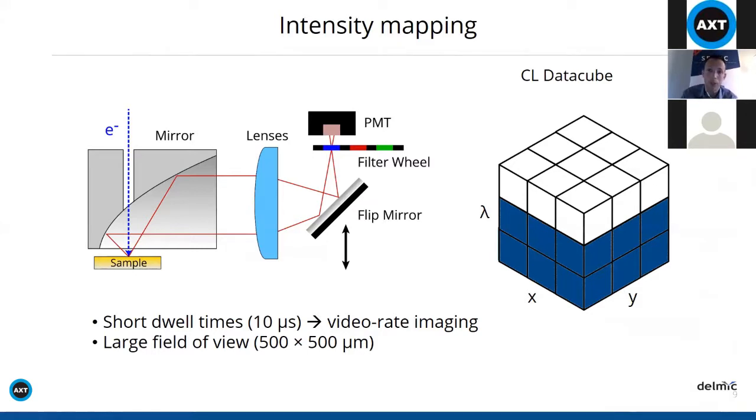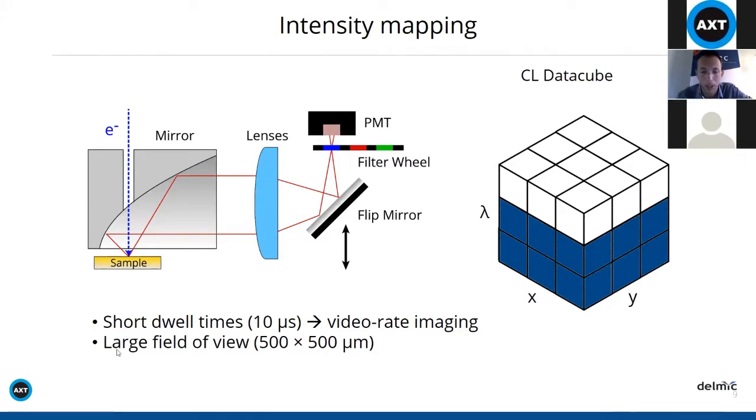The advantage of this type of imaging is that it can be very fast. The dwell times can be shorter than 10 microseconds, which means that you can do video rate imaging and very quickly scan your sample, because it's not always clear what you want to look for, or maybe you first want to identify a region of interest, and this is a very useful way to do that. Furthermore, the field of view that you can have in this mode is quite nice.